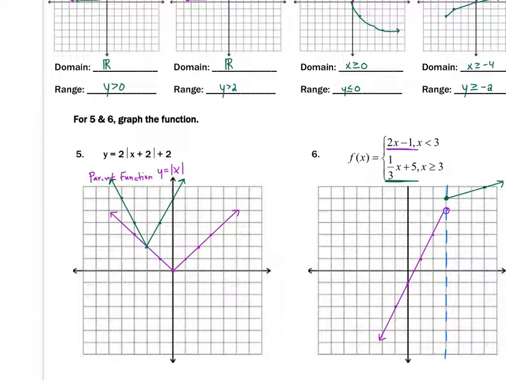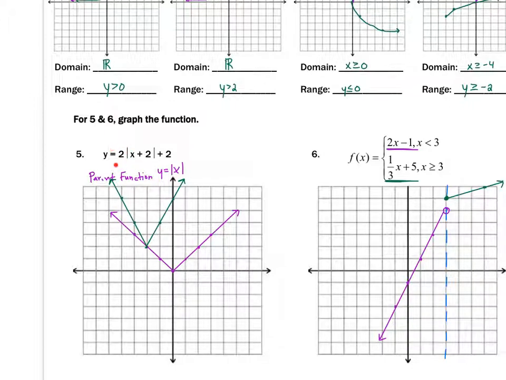So in this case, plus 2 actually moves us left 2. Plus 2 on the outside is our up and down movement, and those are the direction we would expect. So plus 2 moves us up 2. So we take our starting point, left 2 and up 2. That gives us our new starting point.